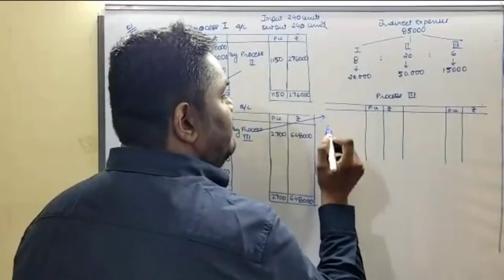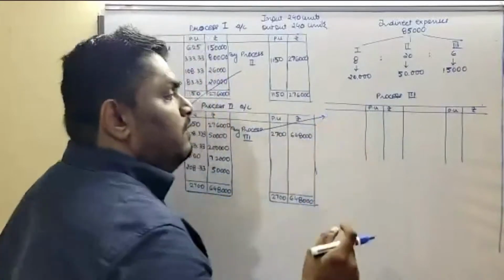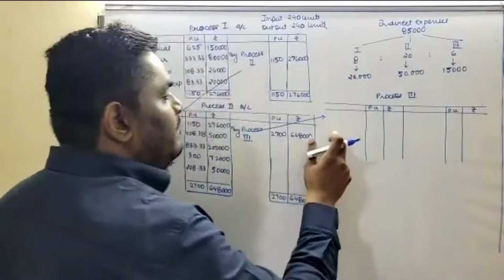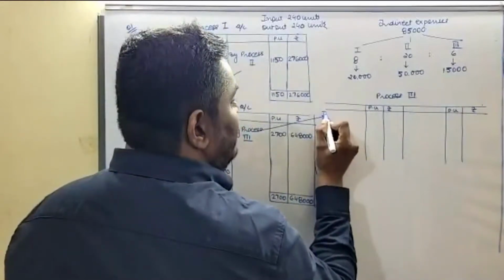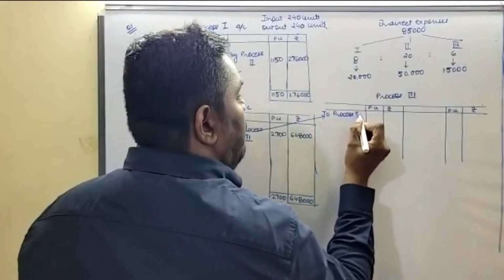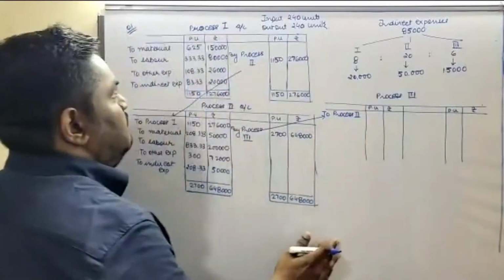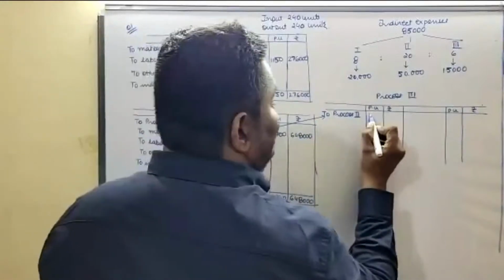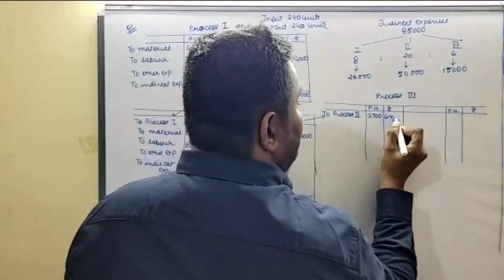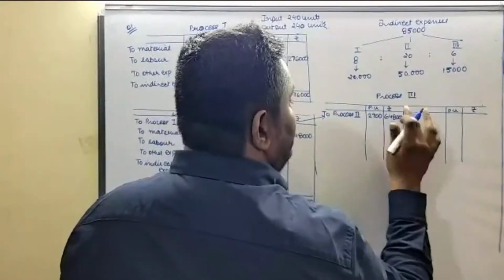So in process third, the first point we'll be writing will be the input that is received from process second. That is 2,700 rupees is the per unit cost, and the cost that is incurred till date is 6,40,000.